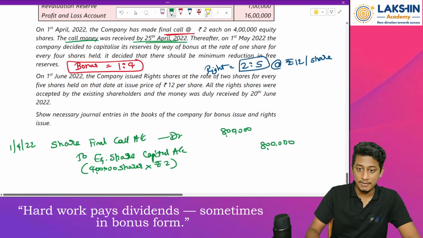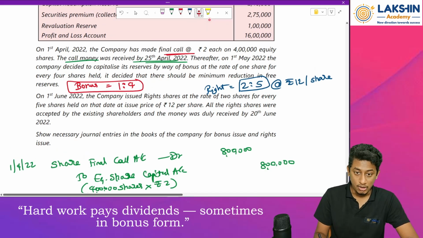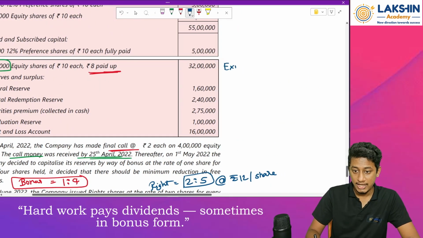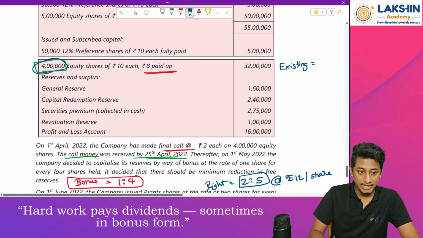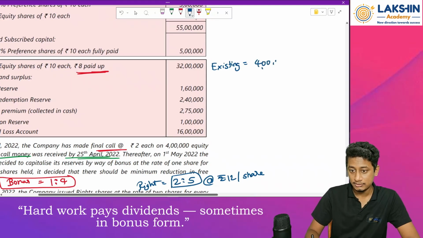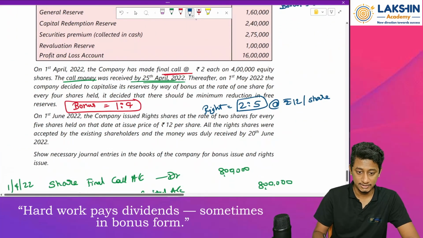After this, what has happened next? We have issued bonus shares in the ratio of 1:4. Now tell me how much bonus shares are being issued. Existing, we had 4 lakh equity shares. What is the bonus ratio? 1 is to 4.